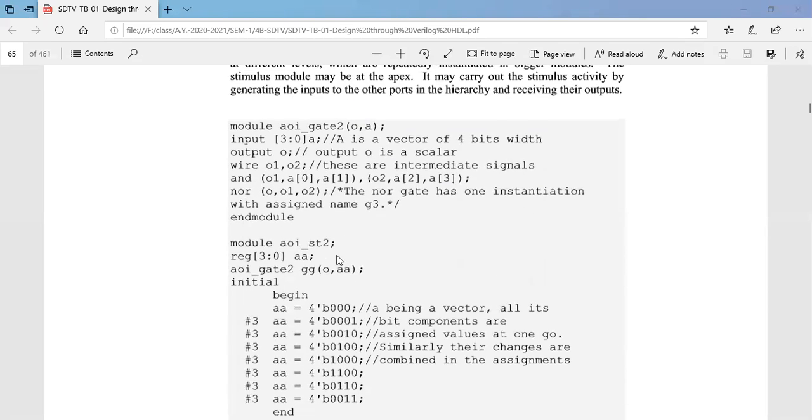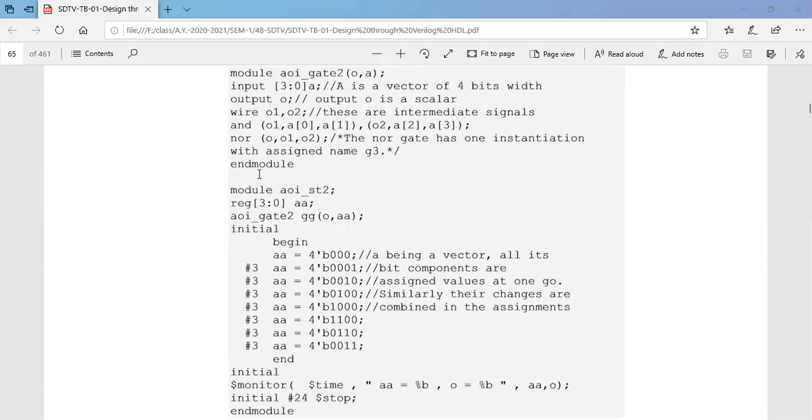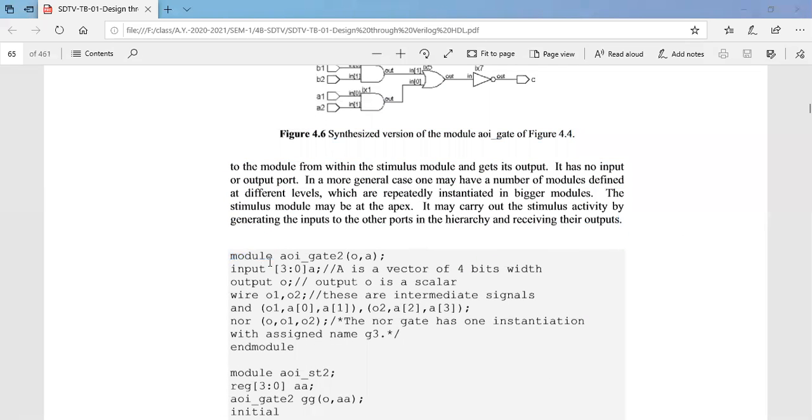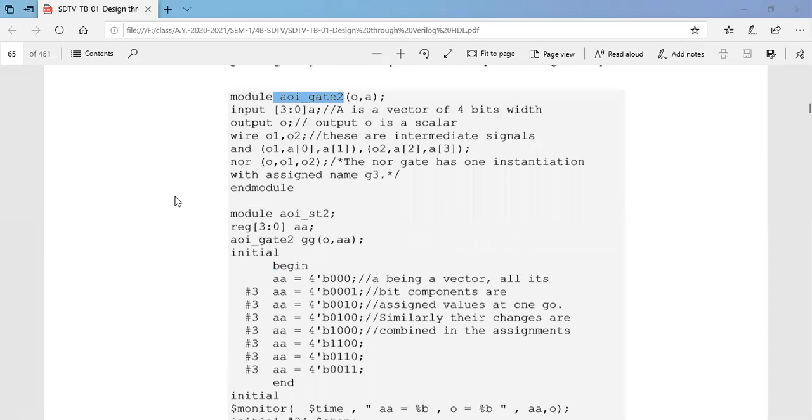For example, you can see here, instead of using A1, A2, B1, B2, we are simply using only a 4-bit vector. Same thing, and my module name is AOI gate 2.